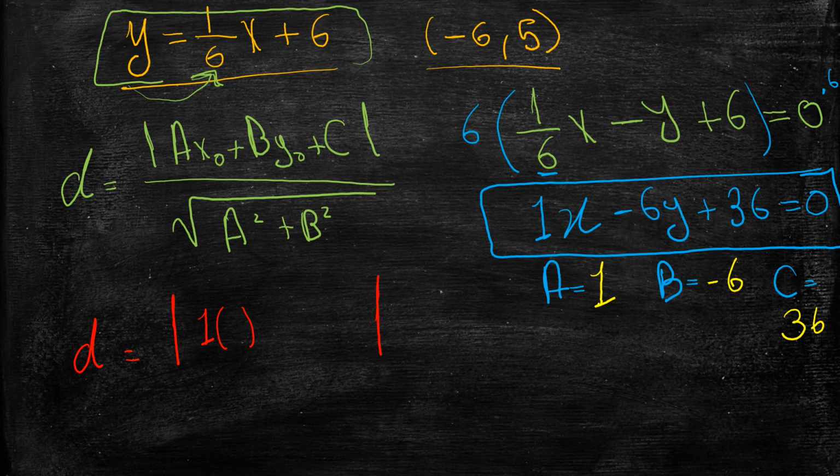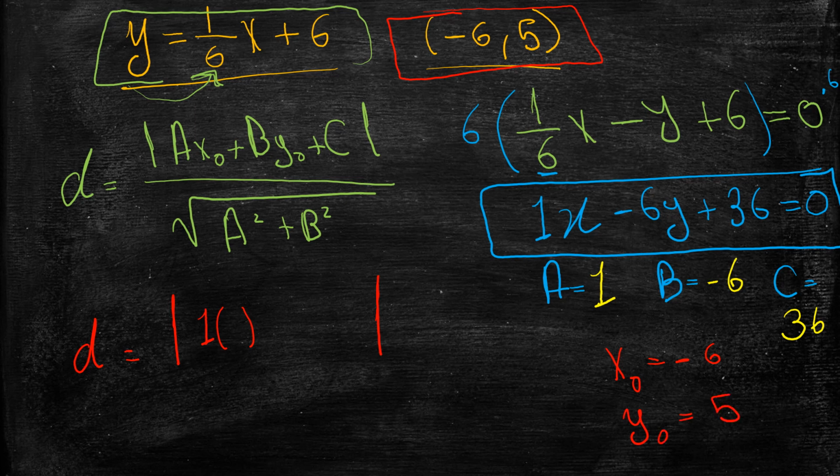Now, what is x0 and y0? x0 and y0 are the x and y coordinates of the given point in the question. So x0 equals minus 6 and y0 equals 5.